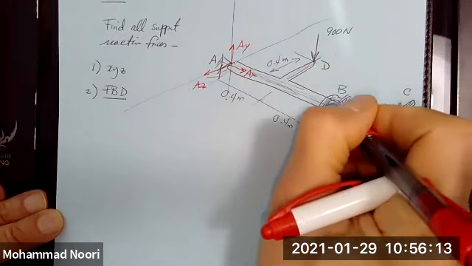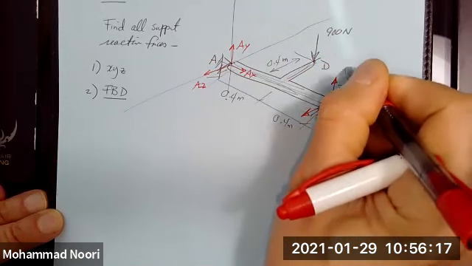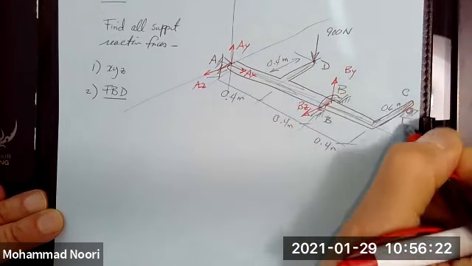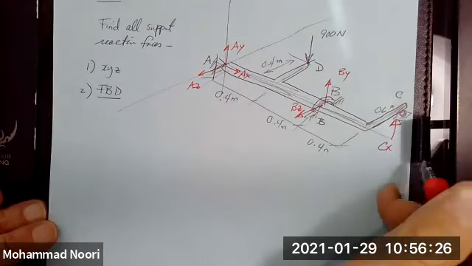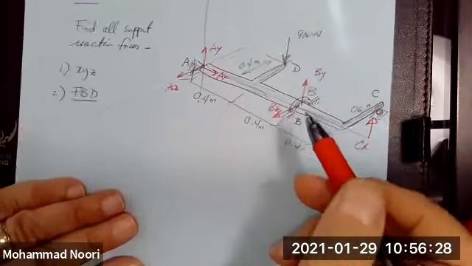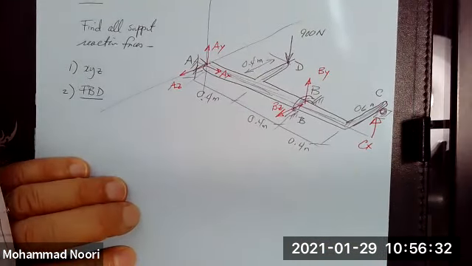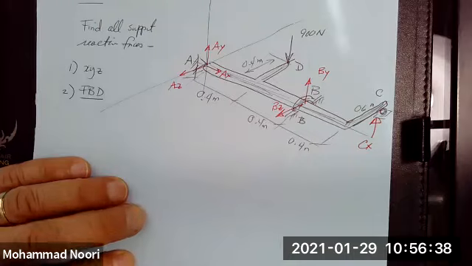Here, as I said, the problem says you have only two unknowns in this direction, BY and BZ. And here, obviously, you have only a vertical force at that point. So you have 1, 2, 3, 4, 5, 6 unknowns that you want to solve for. Okay?